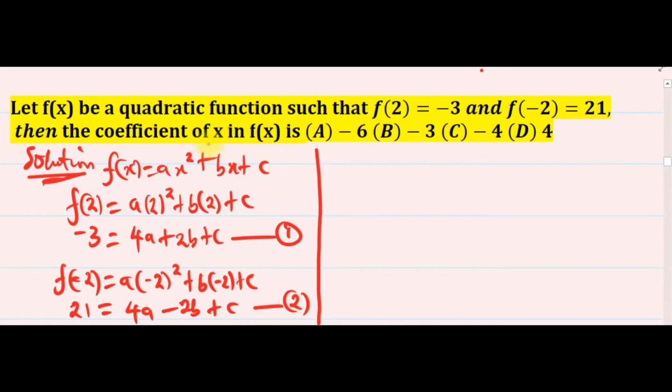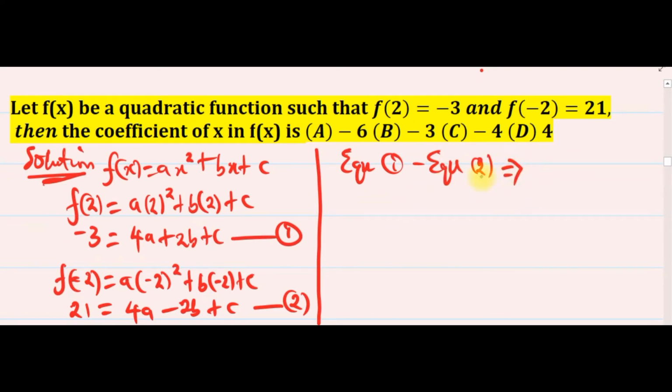Remember we are asked to find b. If you decide to subtract one equation from the other, we'll notice that we'll get the value of b. A and c will go, since they have the same sign, 4a and c. So we now do equation 1 minus equation 2.